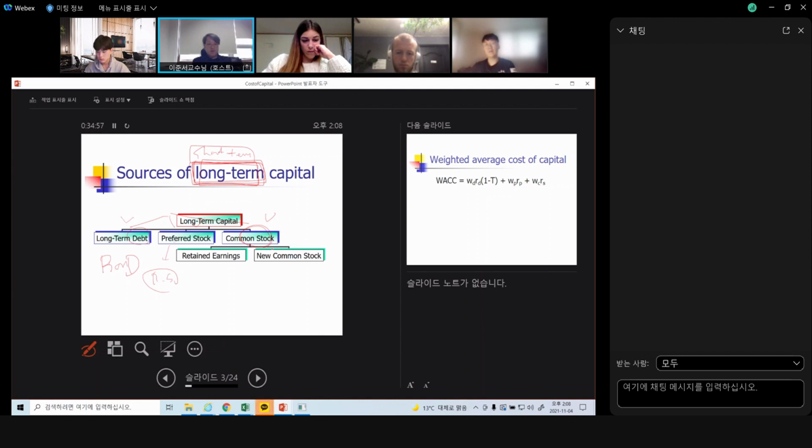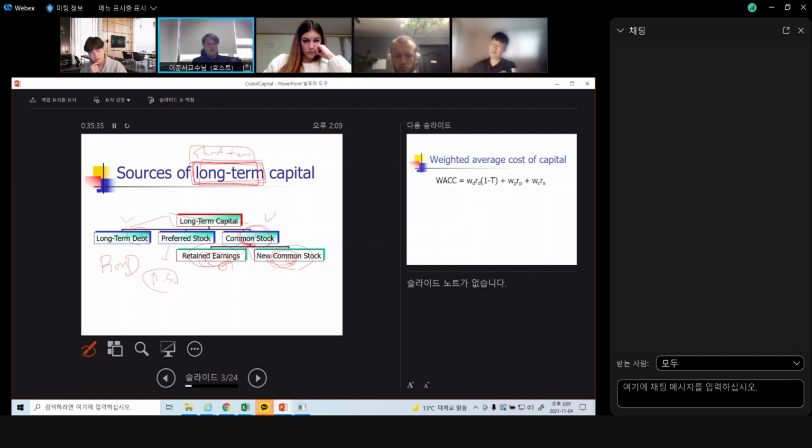Another important thing is that common stock can be decomposed into two parts. We may use retained earnings, or we may issue new common stock. Both of them are included in common stock. Why we need to distinguish retained earnings from new common stock, I will explain in the last part of this chapter.